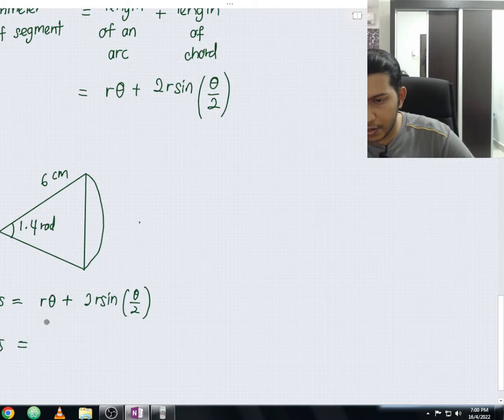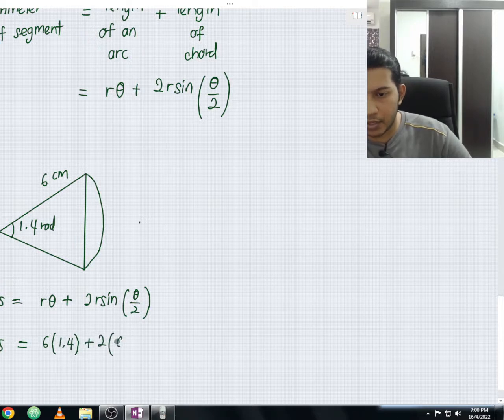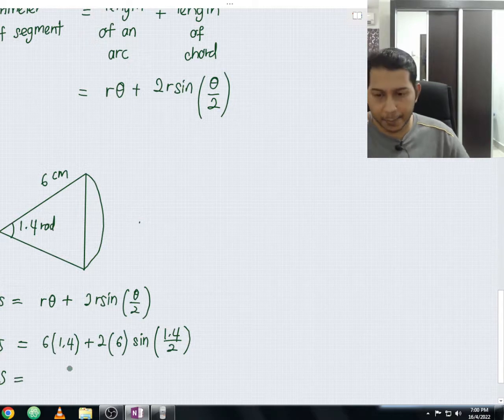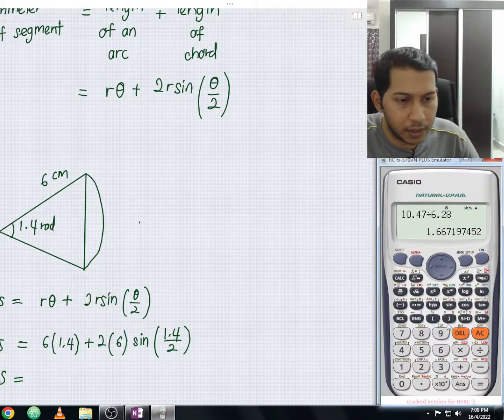So from here r theta will be 6 times 1.4, plus 2 times the radius 6 centimeter, times sine of angle 1.4 divided by 2. So you calculate this. Let us open our calculator.